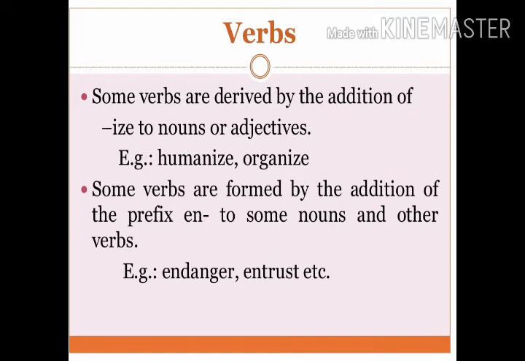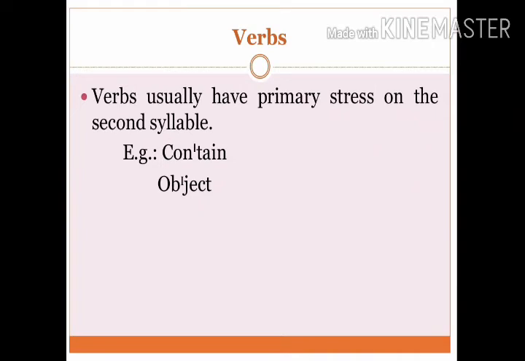For example, if we add the prefix en to the noun danger, we get the verb endanger. Verbs usually have primary stress on the second syllable. For example, consider the word contain. The word has got 2 syllables, con and tain. Here, the stress falls on the second syllable.